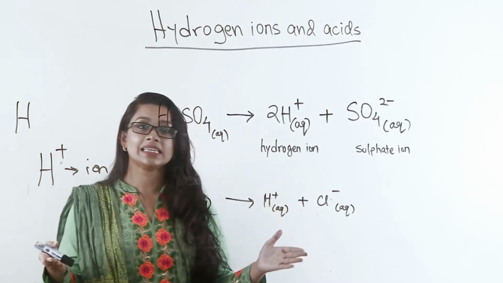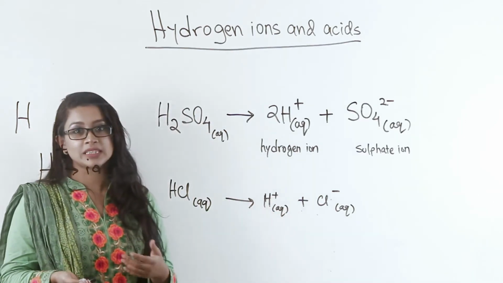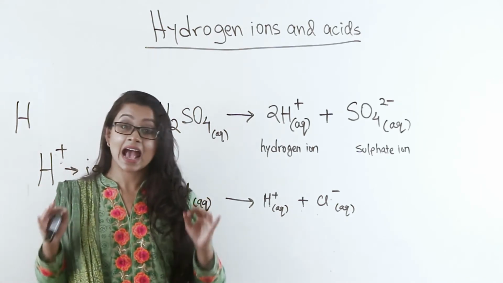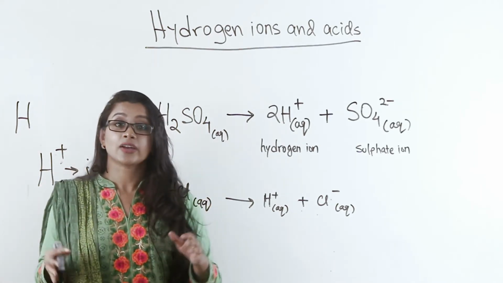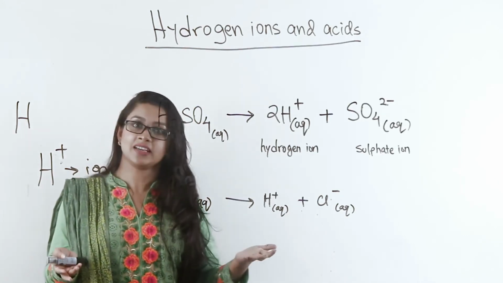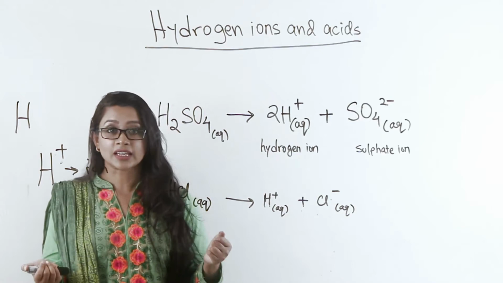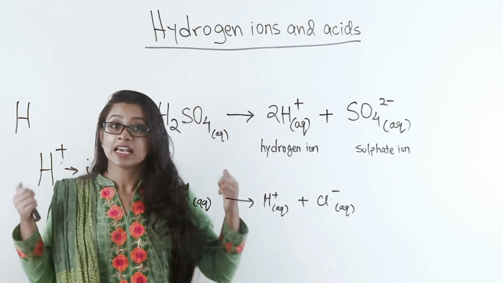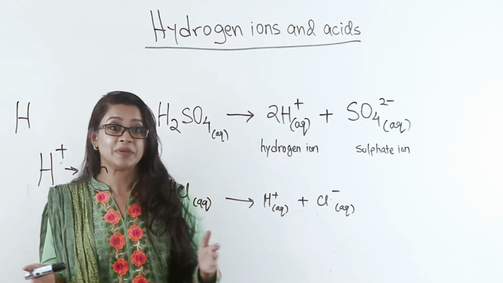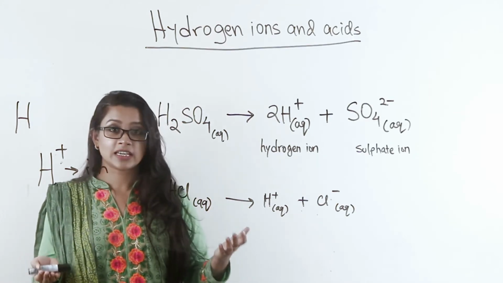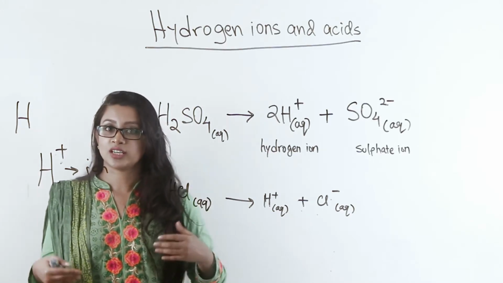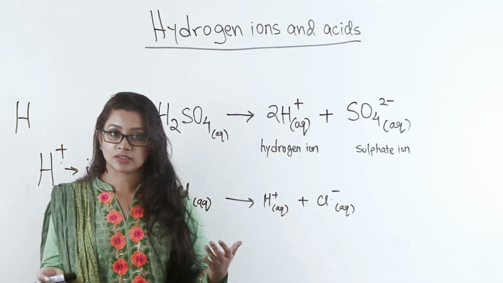So from these examples and equations, we can safely say that acids are chemicals which when dissolved in water form hydrogen ions. The formation of hydrogen ions is an indicator of a chemical substance being an acid.